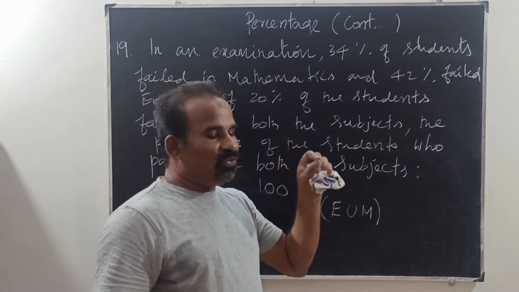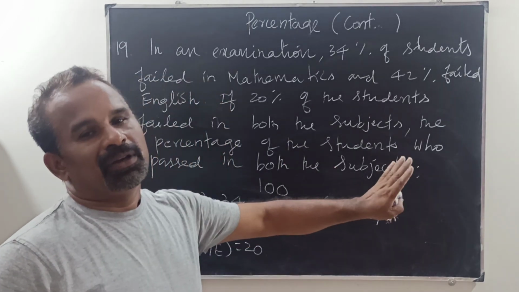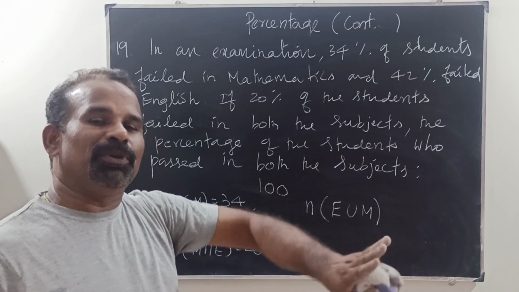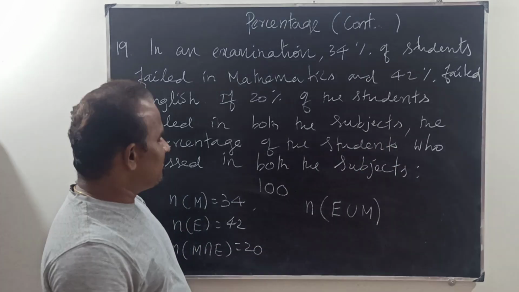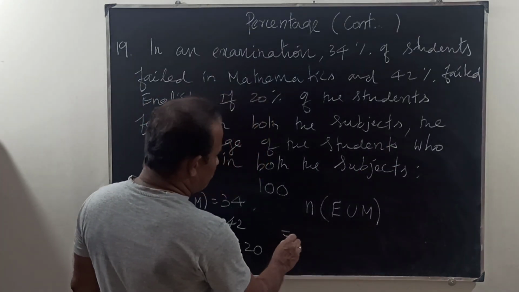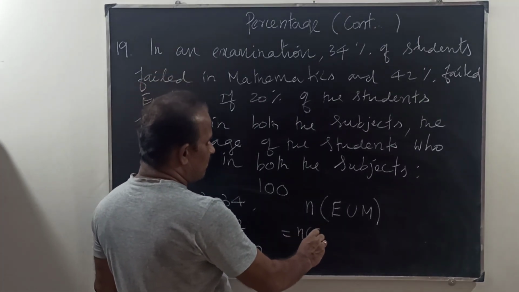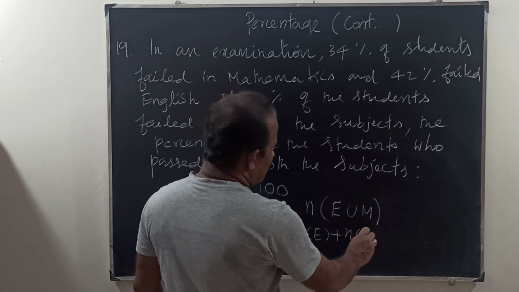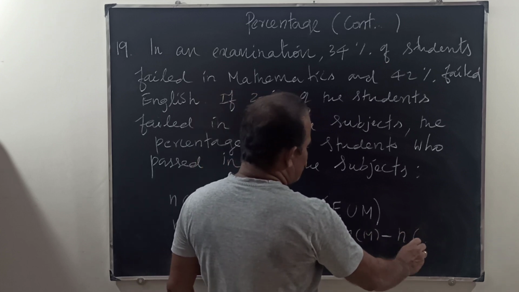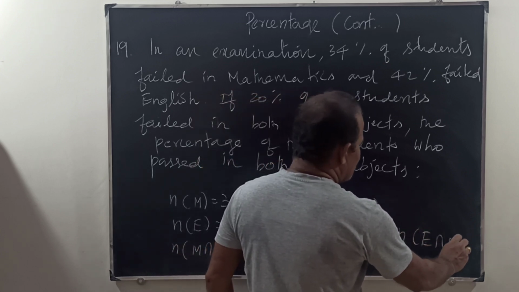We know that N of E union M is equal to N of E plus N of M minus N of E intersection M.